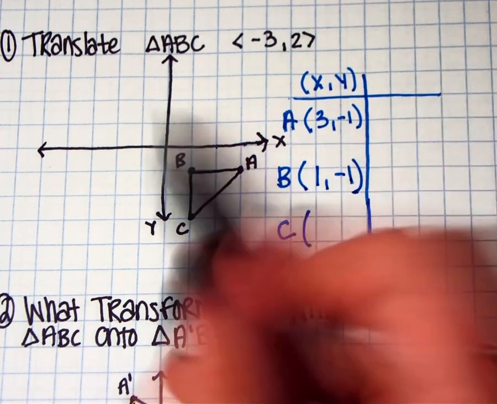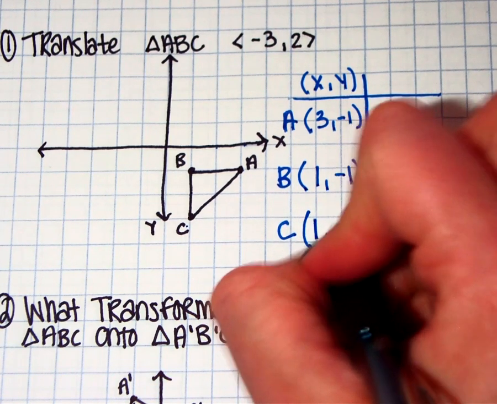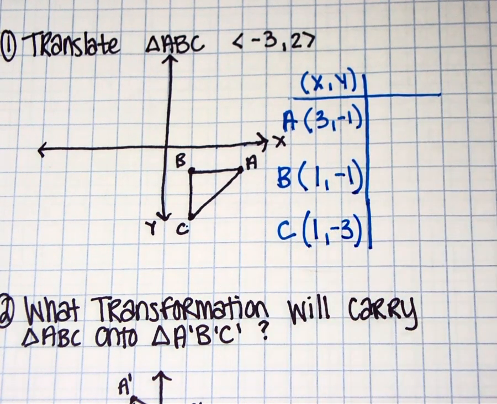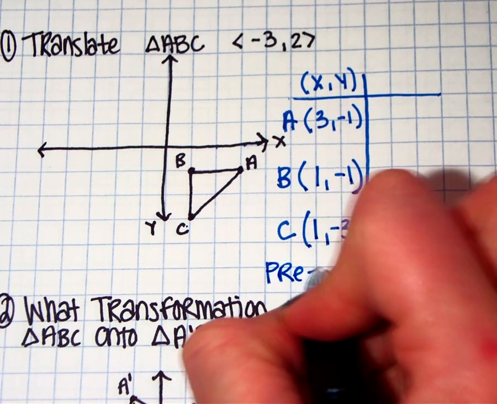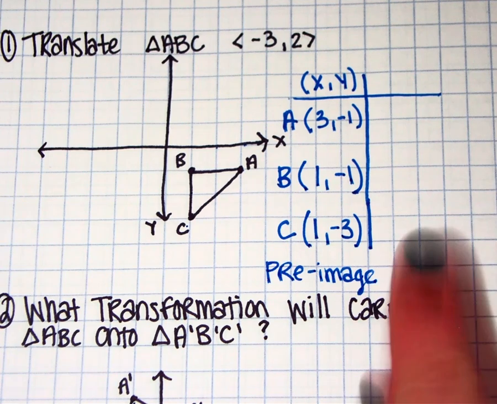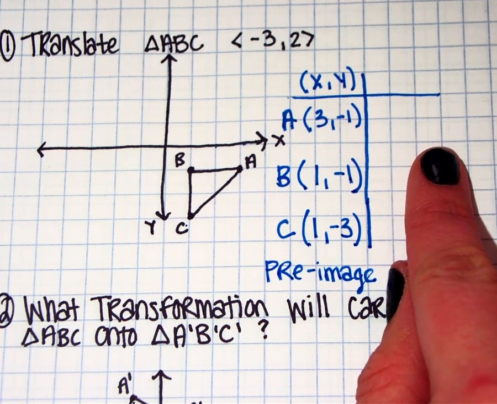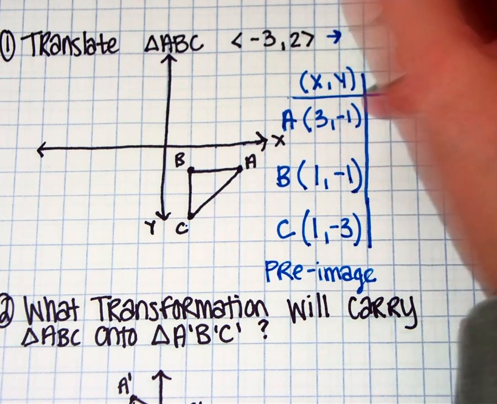And C's location, we go to the right 1 and down 3, so 1, -3. So these are always going to be the pre-image points on the left, the original points. Then, after we apply our transformation, those are now going to be the image points over here. So we're going to go from component form to point form.